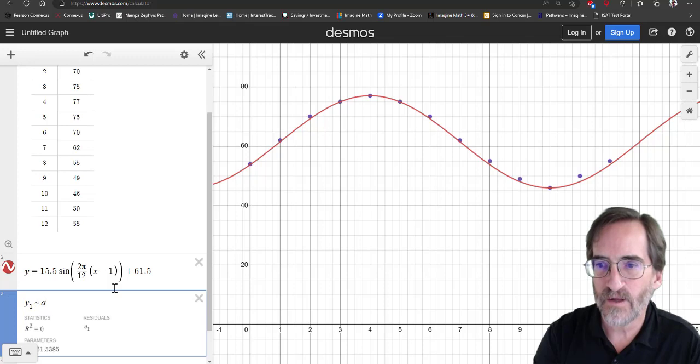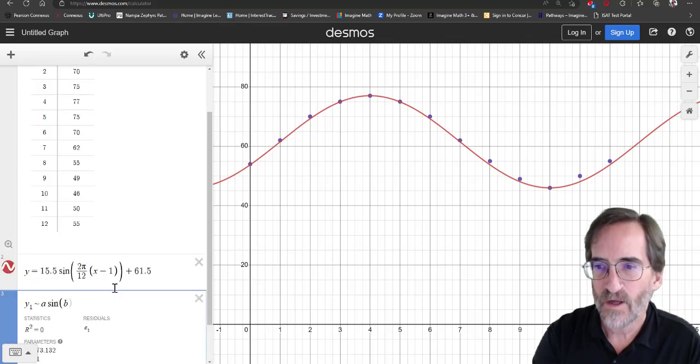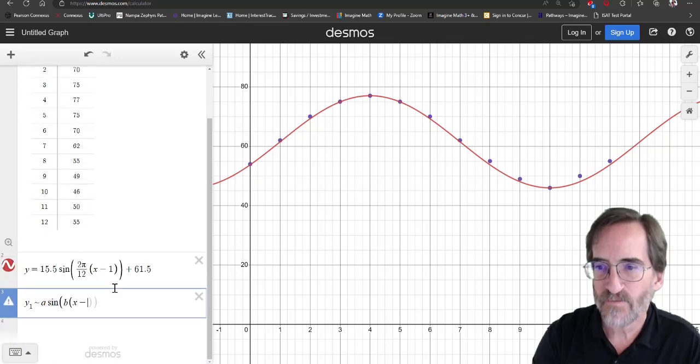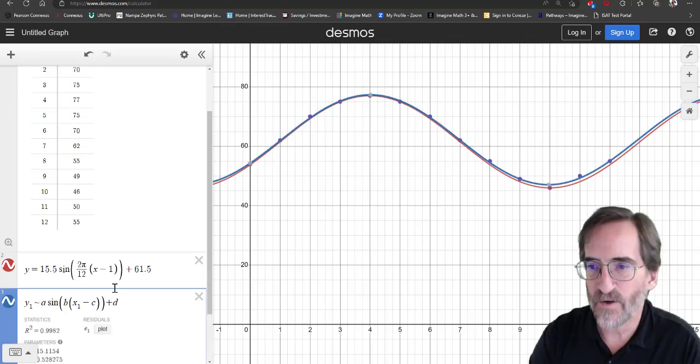So A sine B times x minus C, plus D. And I forgot one thing: it needs to be x1. There we go. And it will model this data to fit.